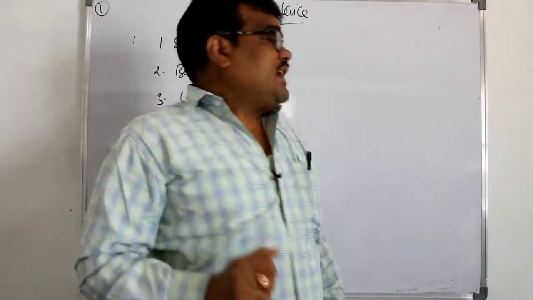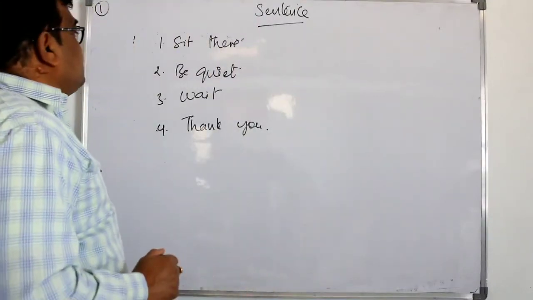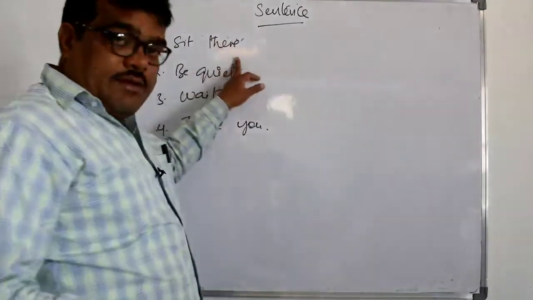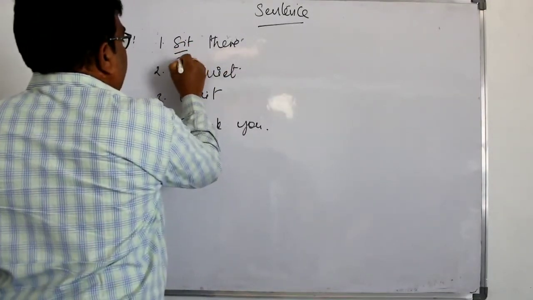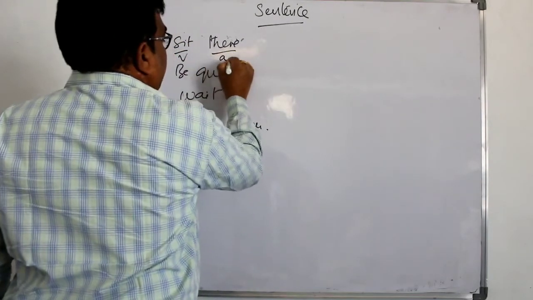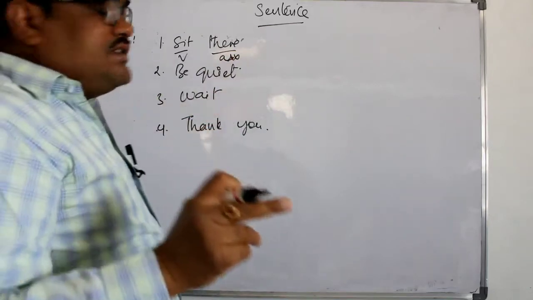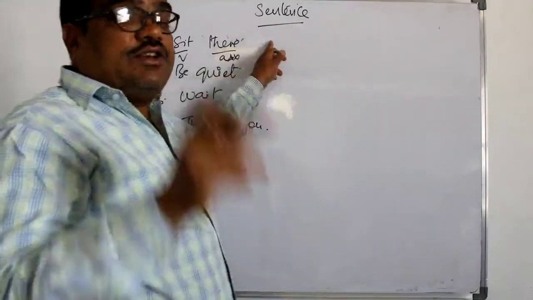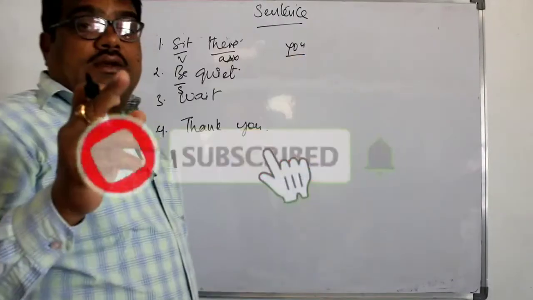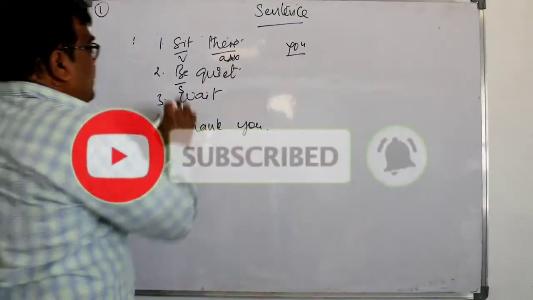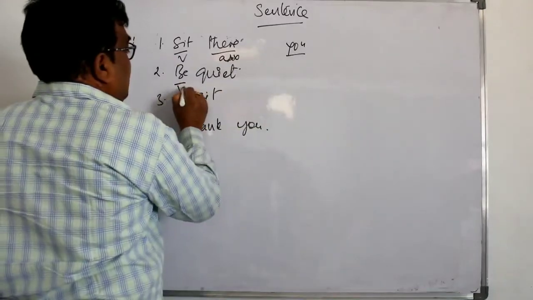If you observe this example: Sit there. We don't have the subject, we only have the verb here, and this is the adverb. So what does it imply? It implies the subject you: you sit there. Take the second example: Be quiet. Be is the verb here.